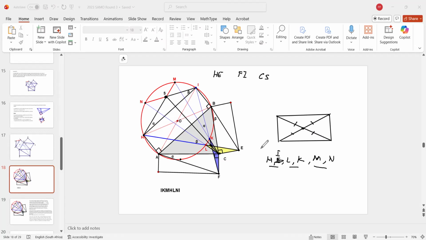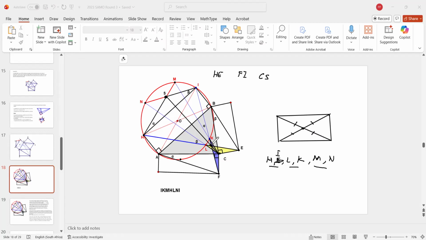And I can see that some of these points are intersection points. Like for instance, HI intersect HM, these red lines, is S. And that's one of the points which is a point of collinearity. Another point of collinearity is this one here.